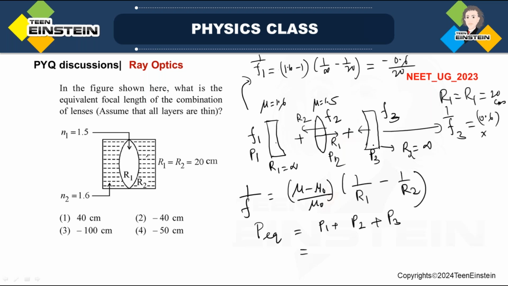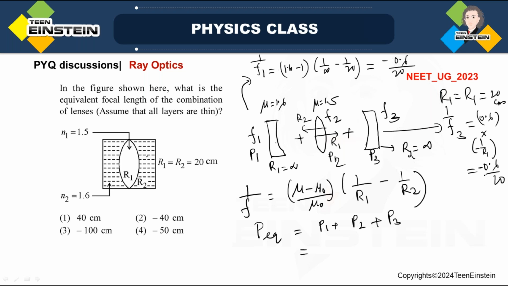So for this particular lens, I get 1 over minus R1 minus 1 over infinity. And 1 over infinity is 0. So you will get minus of R1, which is 0.6 by 20 only, since R1 is also 20. So I get minus 0.6 by 20.